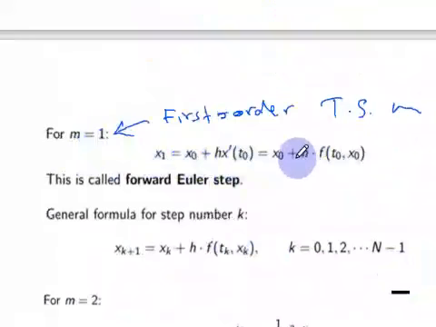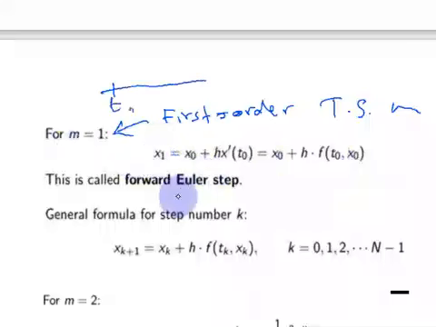We can give it a special name, and this is also called the forward Euler method. When m is equal to 1, we call it the forward Euler method. So you know the initial condition. x is the unknown function, so we start off from here.